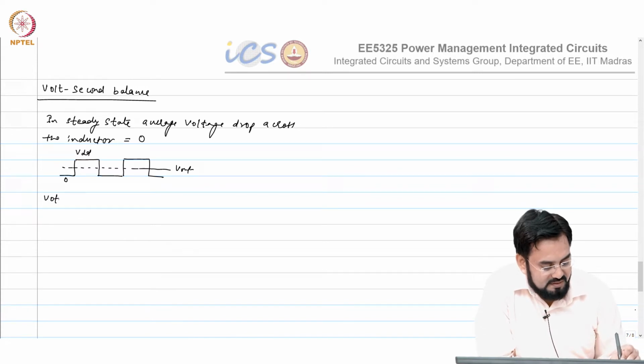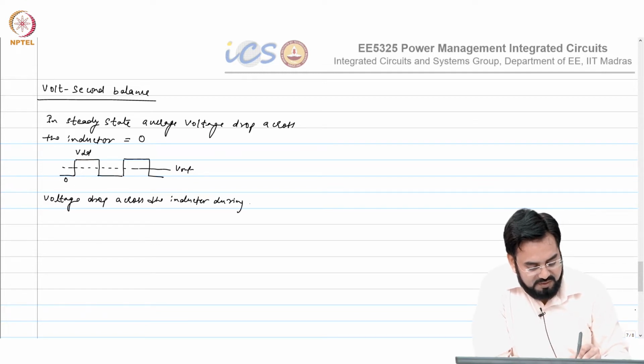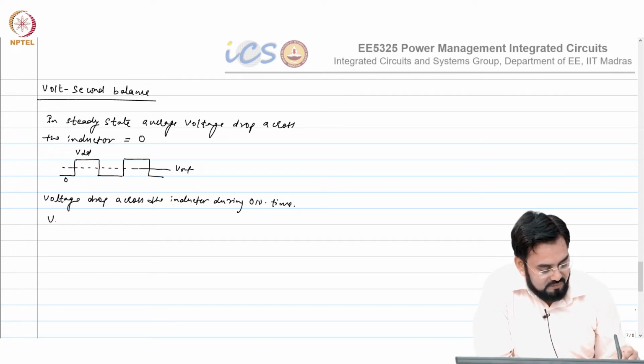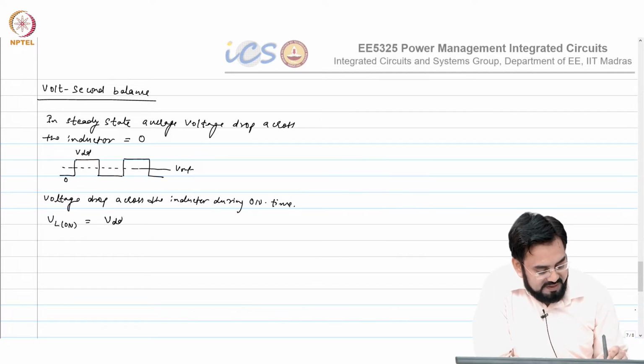So, voltage drop across the inductor during on time, VL on, equal to VDD minus V out.